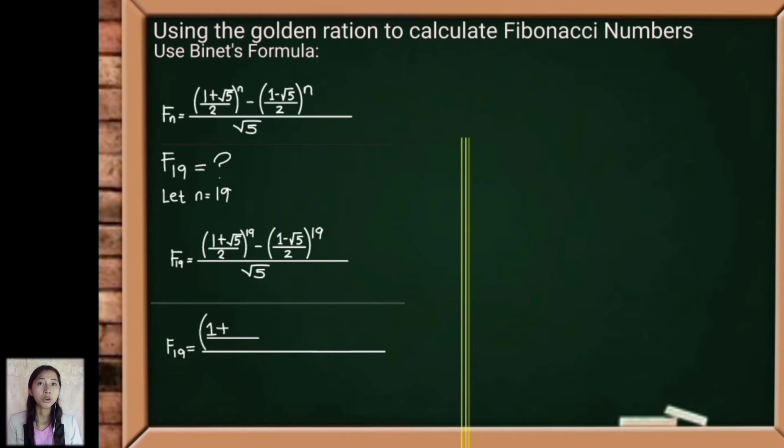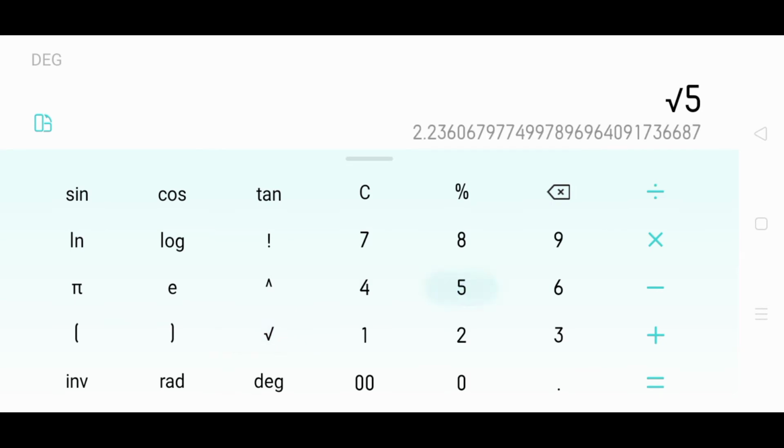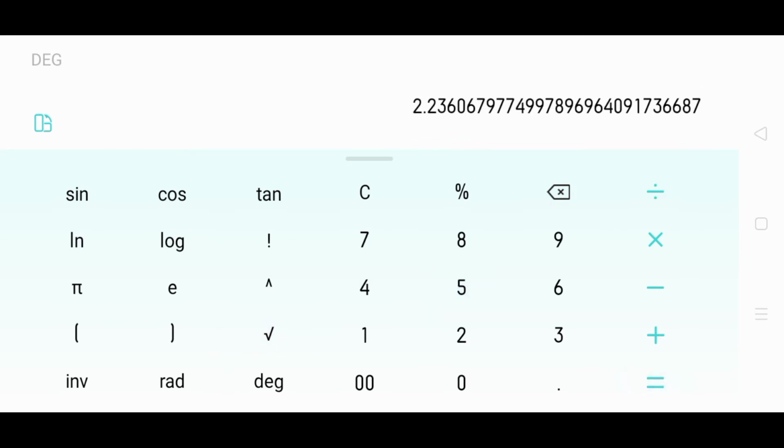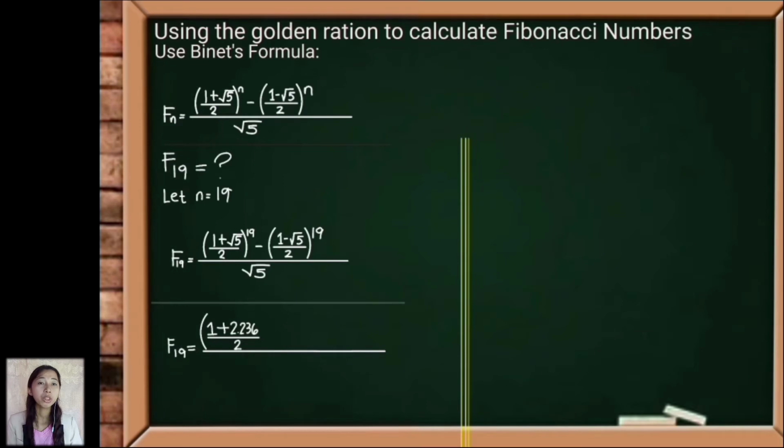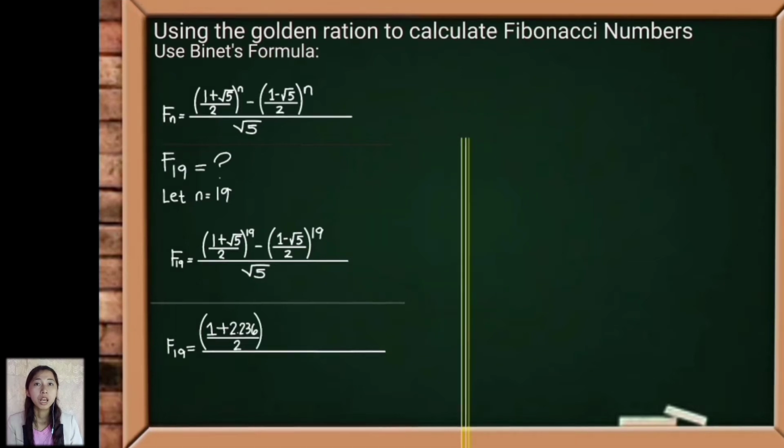So if you're going to use your calculator, the value of radical 5 is 2.236. So that is the value of the radical 5 over 2. Close parenthesis to the power of 19.